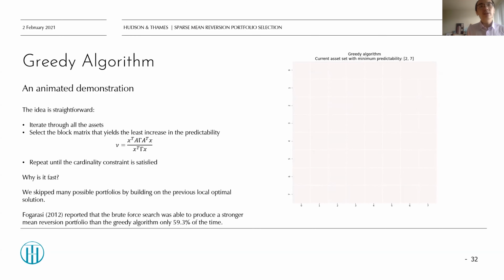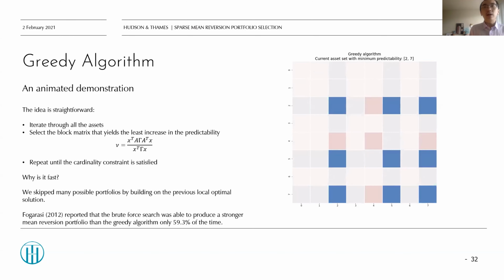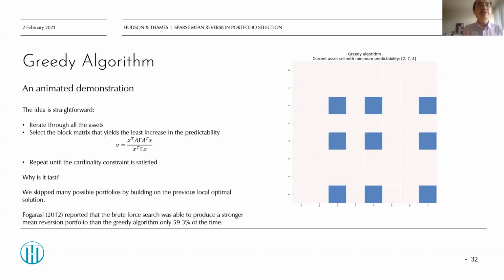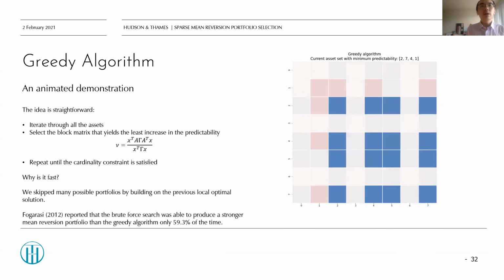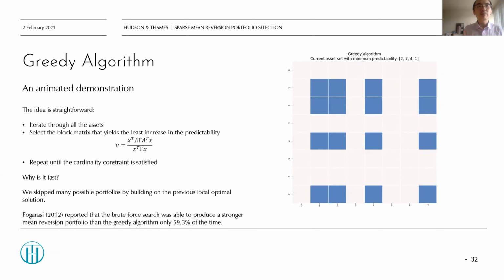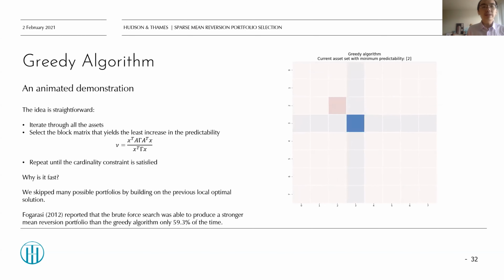And we will repeat this until the cardinality constraint is satisfied. The reason why the greedy algorithm is pretty fast is because we skip many possible portfolios by building on the previous local optimal solution.